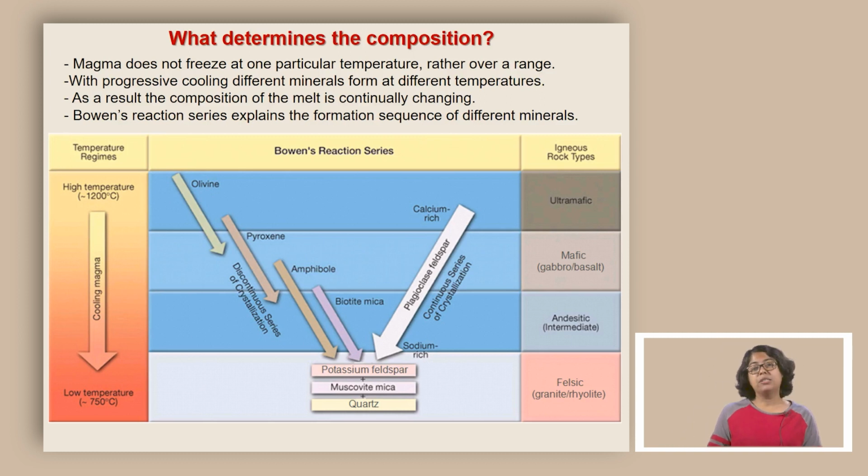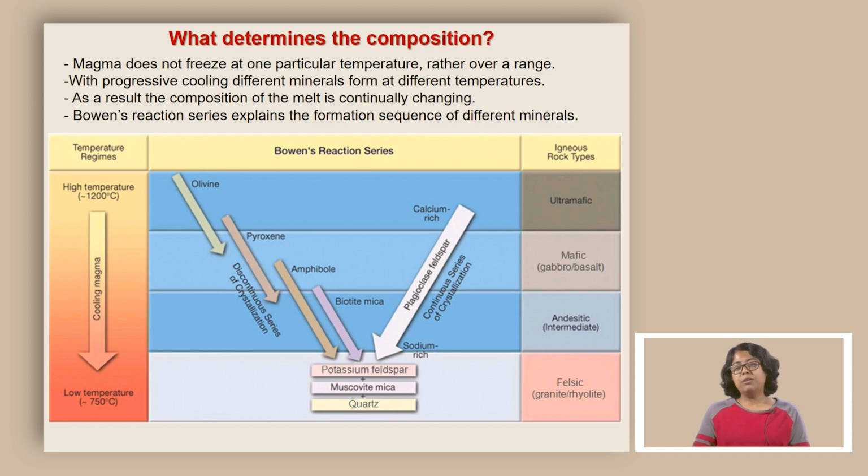What Bowen's reaction series tells us is that if things are crystallizing at very high temperature, then it is going to be minerals such as olivine. You can imagine a scenario where the magma started to rise from the deep interior, and as it is rising it gets progressively cooler.